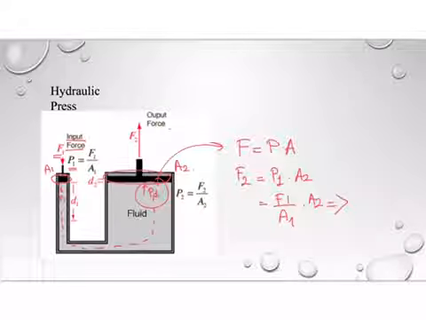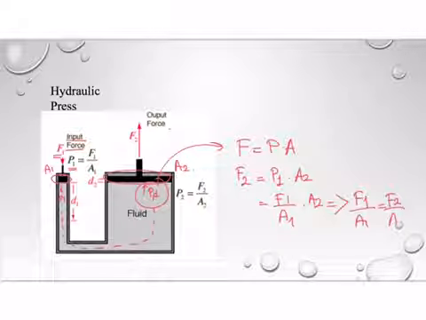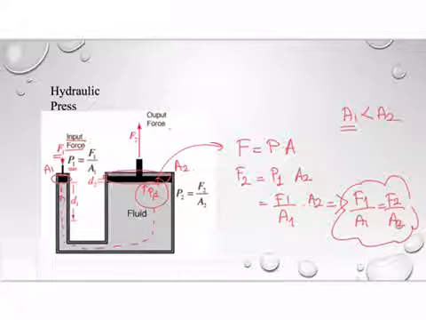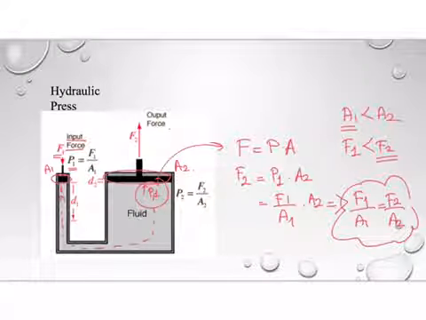So here you see that I have the ratio F1 over A1 is equal to F2 over A2. So if you take the small piston, A1 is smaller than A2. If you apply the force to the small piston, then you create a big force at the big piston.